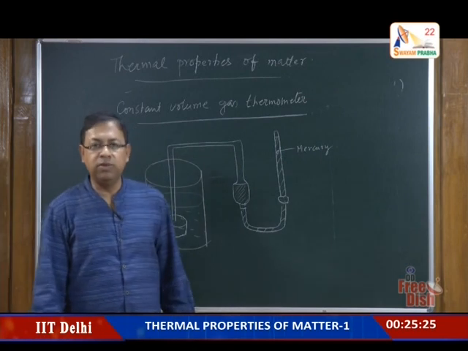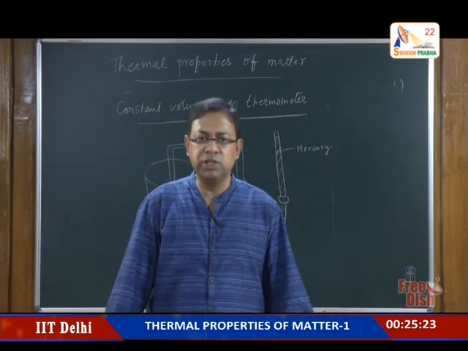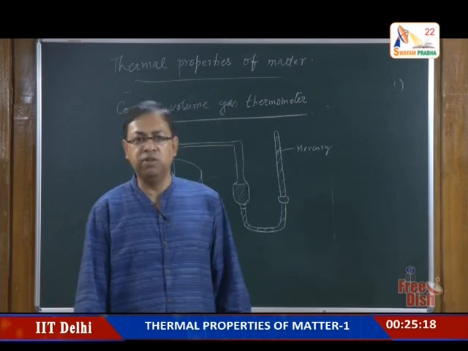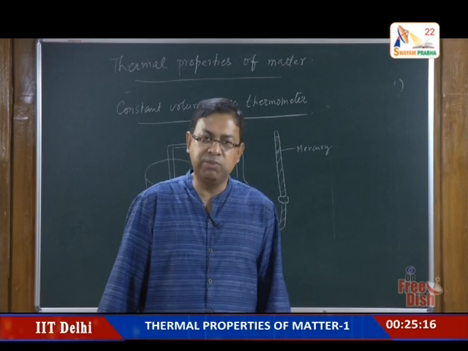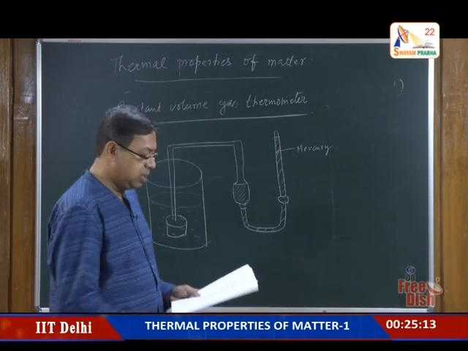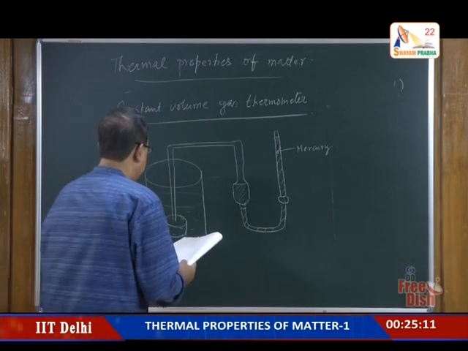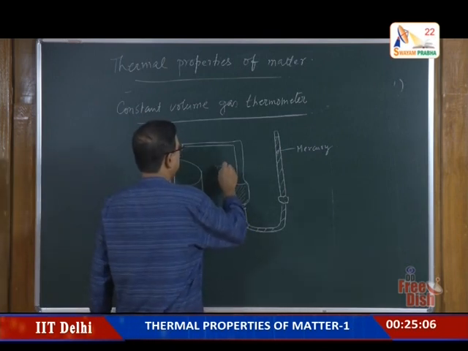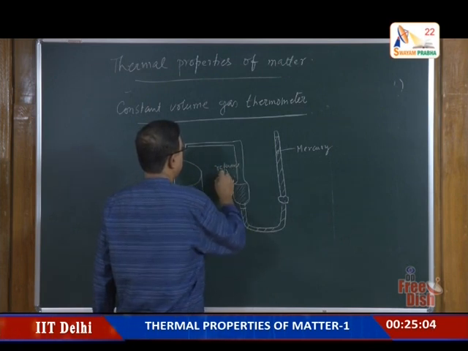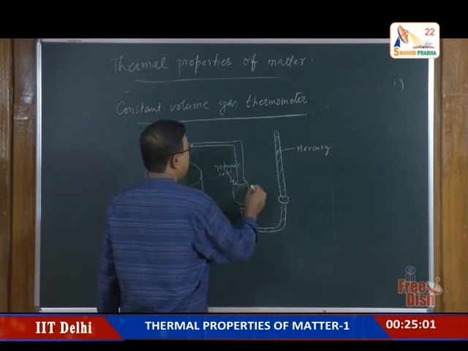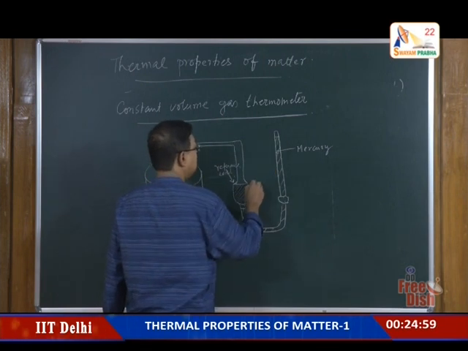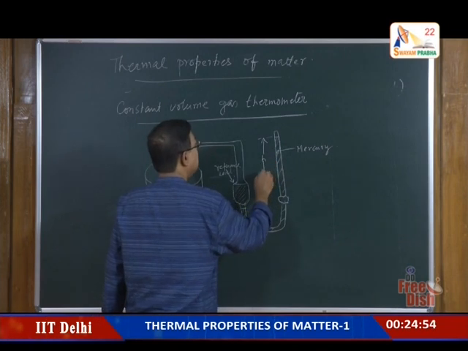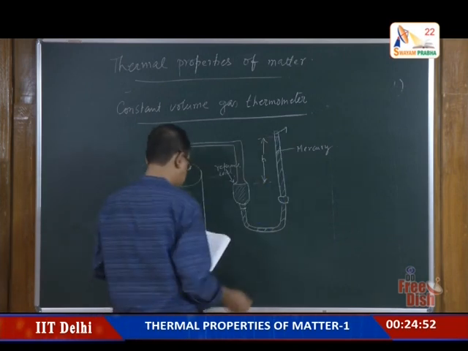Remember that while we talked about measurement of pressure, we introduced these U-tube manometers, which are usual devices used for measuring pressures, and this is the same U-tube manometer. There is a reference level of mercury here, and this height is h, and this is an evacuated space.